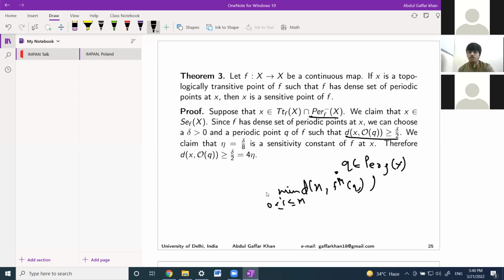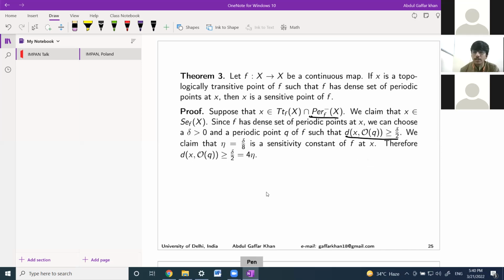So q is not equal to x, and using this fact we will find such a positive delta, so that the distance between x and the orbit of q, which is finite being a periodic point, is at least delta by 2. We fix eta equals delta by 8, and observe that 4 eta is this one, and eta will serve as a sensitivity constant of f at x, which is required.